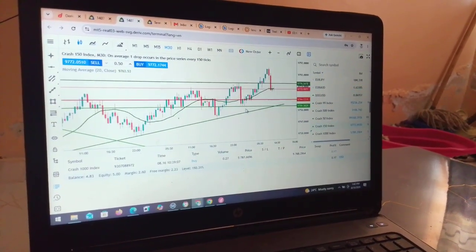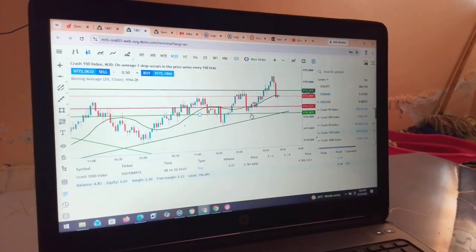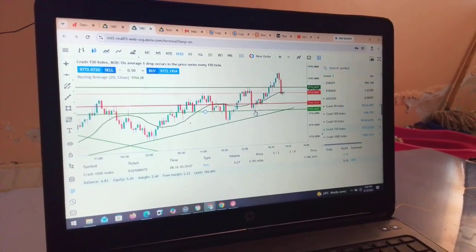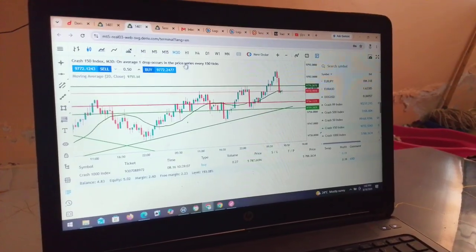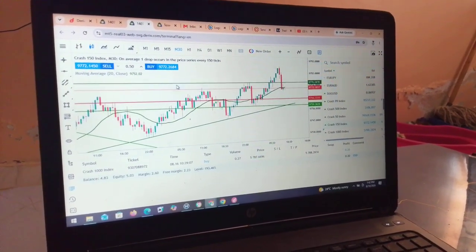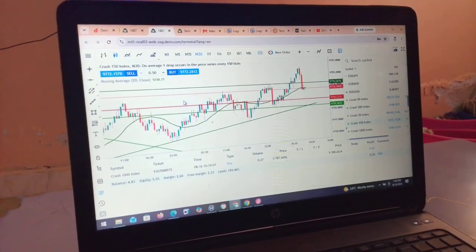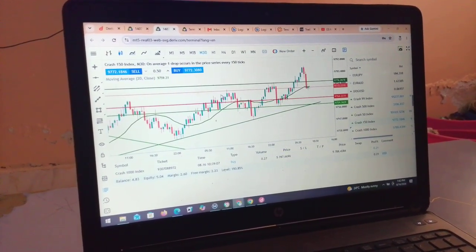Guys, let me tell you, on these crash and boom indices, I highly advise using price action while doing analysis. By price action I mean you use trend lines. You can use support and resistance levels.